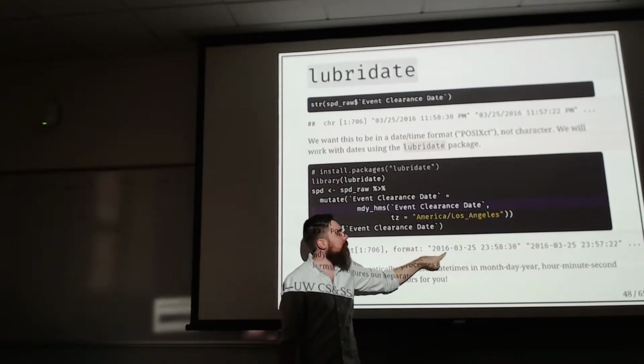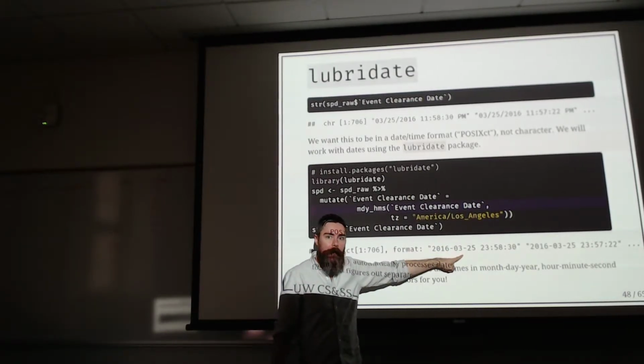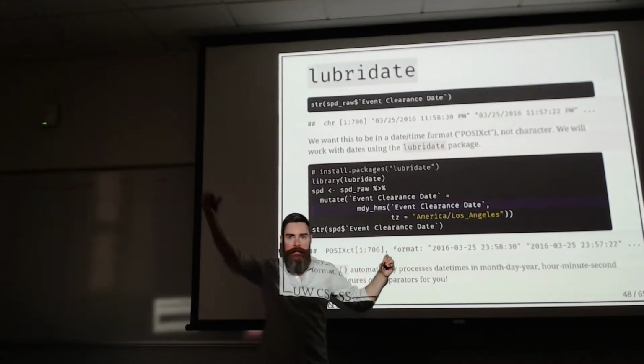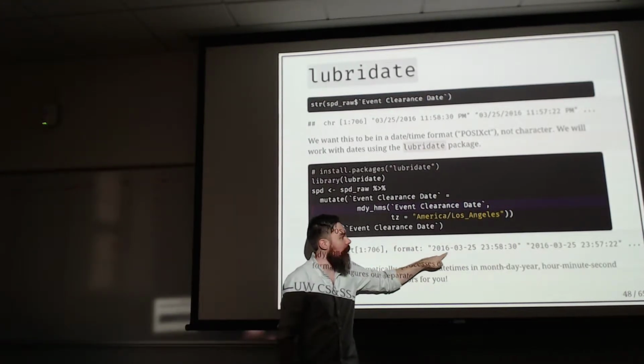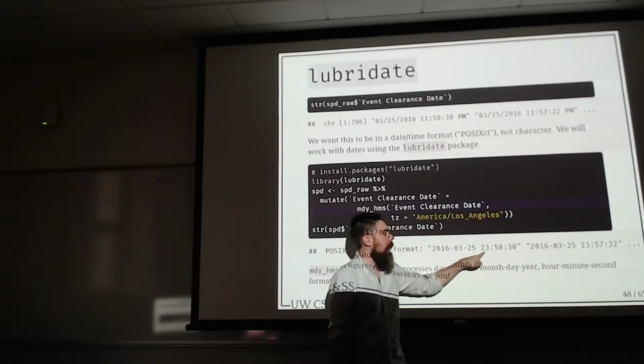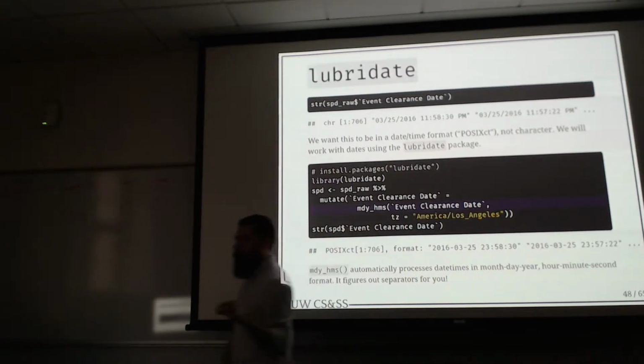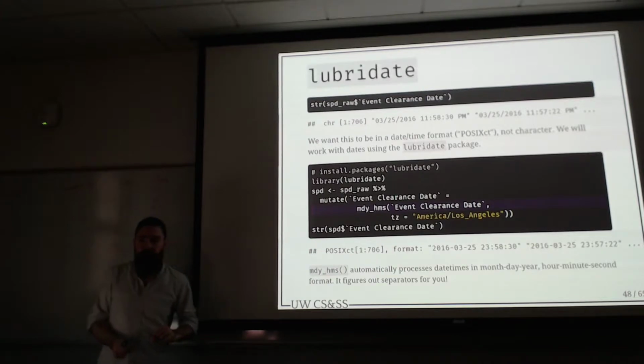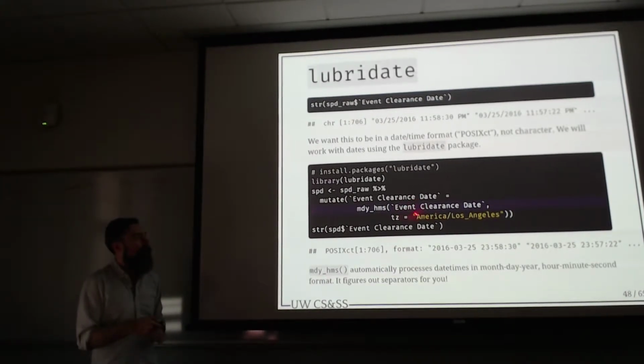The format is 2016-03-25, because R, like a logical thing, counts in descending size of objects: year, month, day, and then hour, minute, second, and it's in 24-hour time instead of 12-hour time. Lubridate took care of all of the hard work of processing dates and time for us. That is really cool.